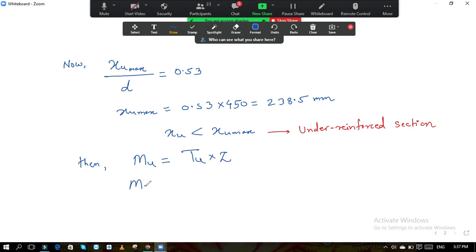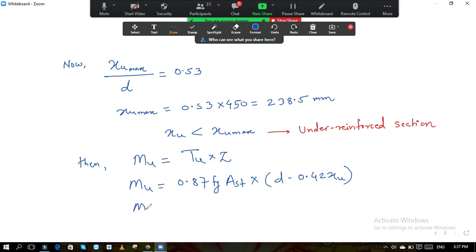So therefore Mu is equal to, what is the value of Tu? Again it is 0.87 fy Ast, that is the tensile force, multiplied by z. z is the lever arm, d minus 0.42 xu. Now just put the values.